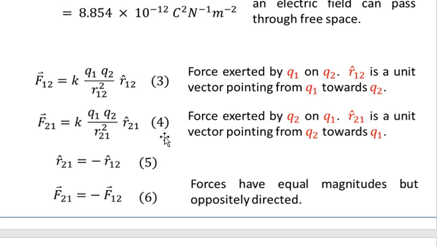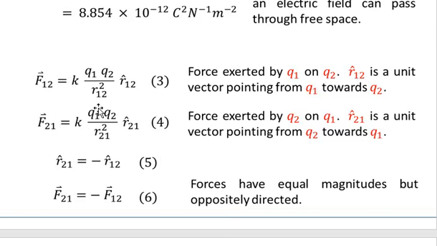So it means that the Coulomb force can both be attractive and also repulsive, different from the gravitational force, which is always attractive. And you know that the gravitational force also varies as 1 over r square. Similarly, the Coulomb force also varies as 1 over r square.